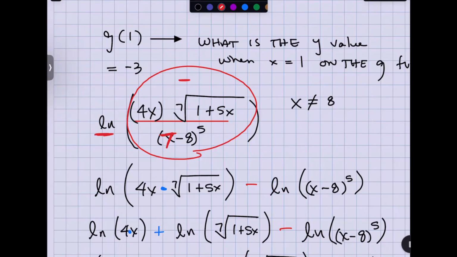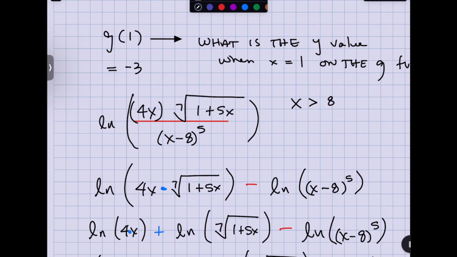I can't take the log of a negative number. Does that make sense? That's the reason why they have to use greater than 8. Because anything less than 8, I'm now forced to take the log of a negative number, which is not allowed. Because the domain is from 0 to infinity, not including 0. I can't have 8 because that would make that fraction undefined.